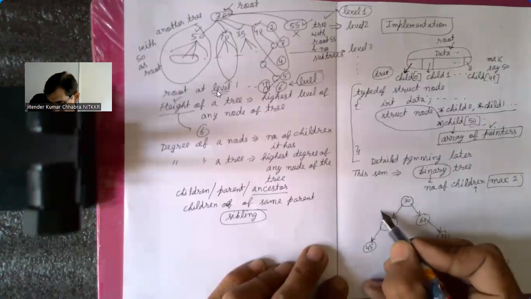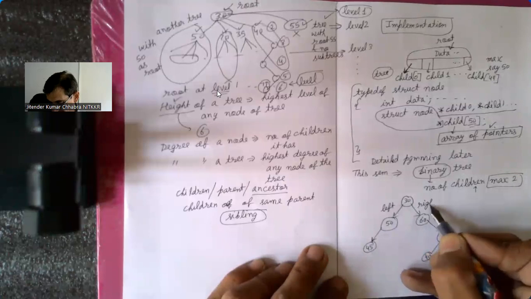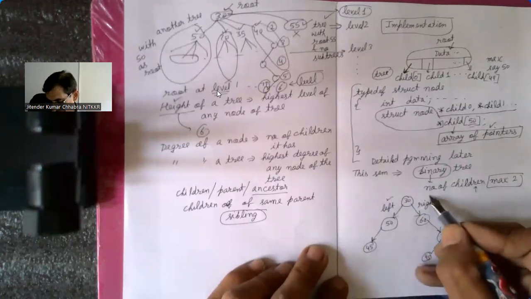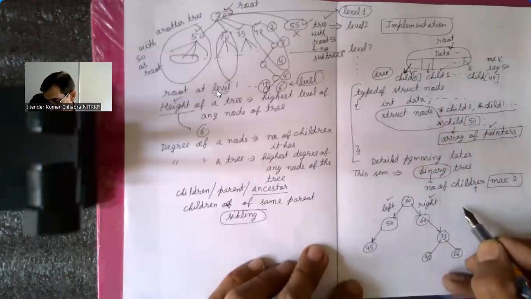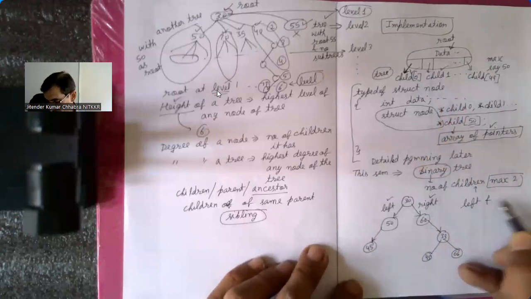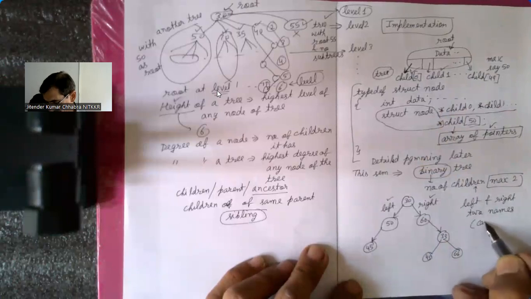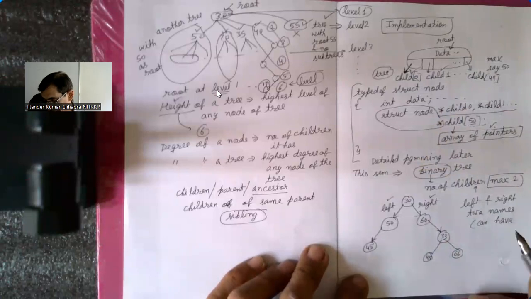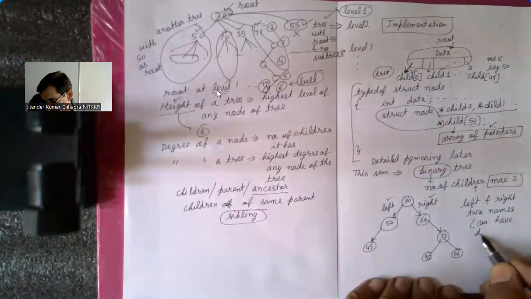So we say there are 2 children, one we call a left child, the other we call a right child. In a tree, each child was equally considered, but here left and right, 2 different names are used. And if need be, they can have different properties also. So there will be some special usage where left and right child will have different properties.